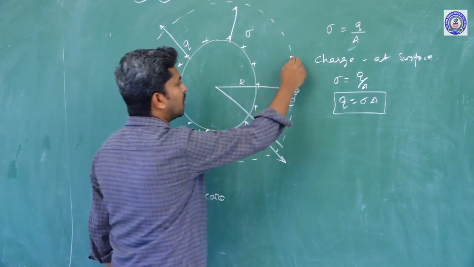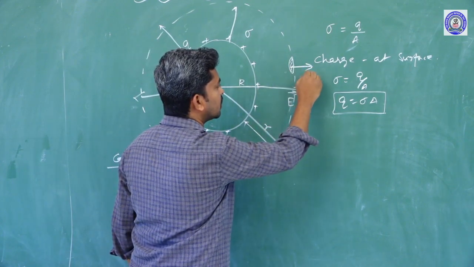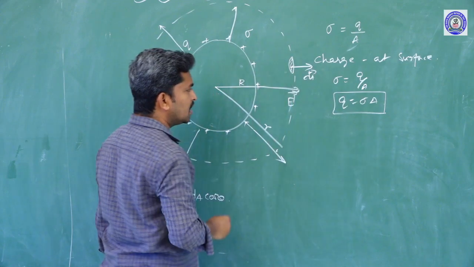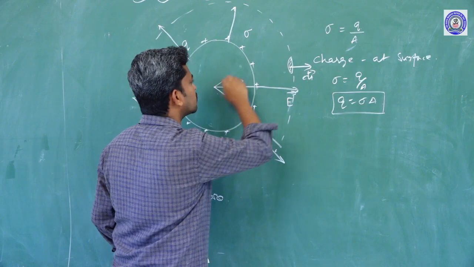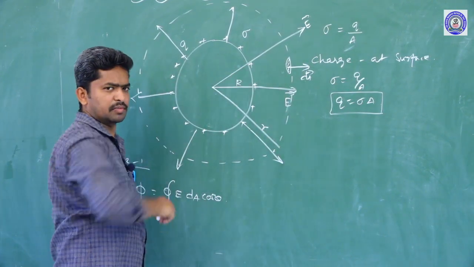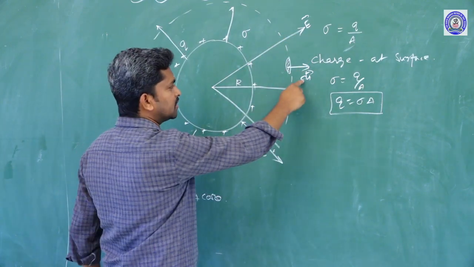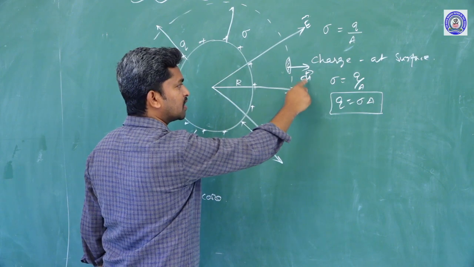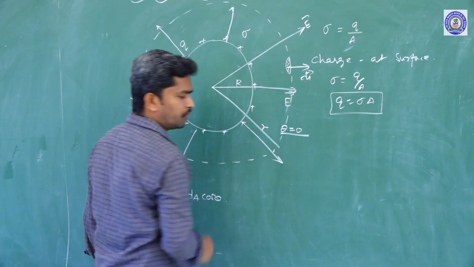Consider one point on the Gaussian surface. This is the area vector dA. The area vector is along the direction of the electric field, because the positively charged spherical shell produces a radially outward field. So theta is equal to 0.